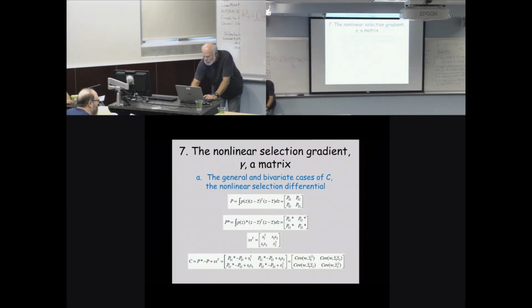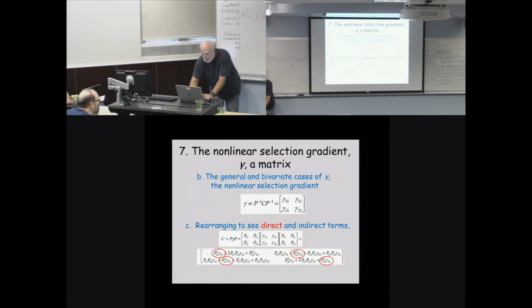Okay, so that's what C is in general. Now we're going to do our product here. What is gamma? Gamma is defined as C with a pre and post correction for correlations between the characters.